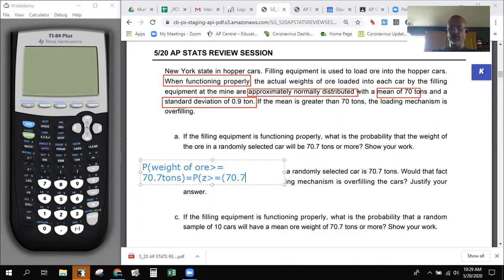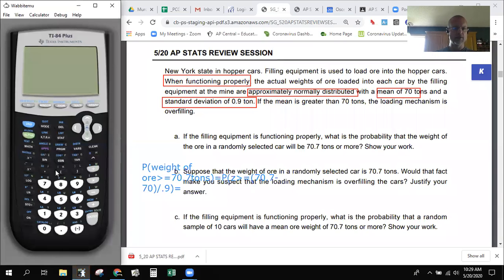So 70.7 minus 70 divided by the standard deviation is 0.9. And that's going to be equal to, so now I'm going to come over here to my calculator and do that calculation.